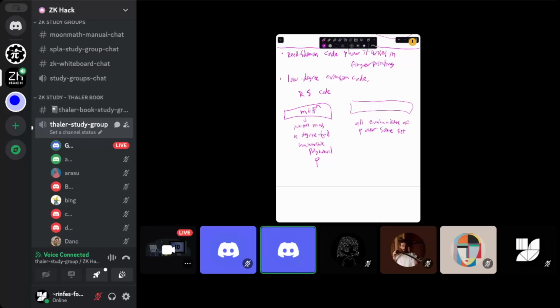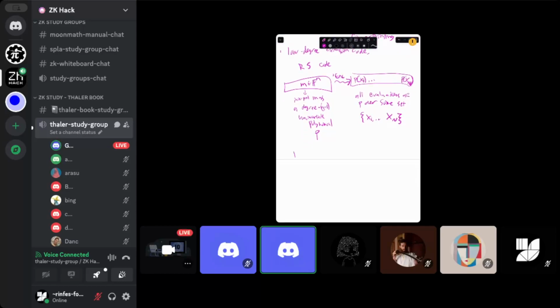So it would be P of x1 up to P of x capital N, where the domain here is x1 to x capital N. And the fact is, if M does not equal M prime, then the encoding of M and the encoding of M prime differ in at least capital N minus little n minus 1 entries or something.